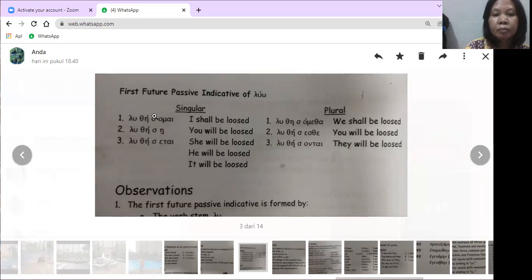All of them use sigma in the middle as the tense suffix.